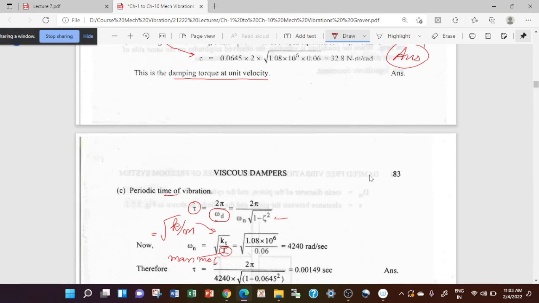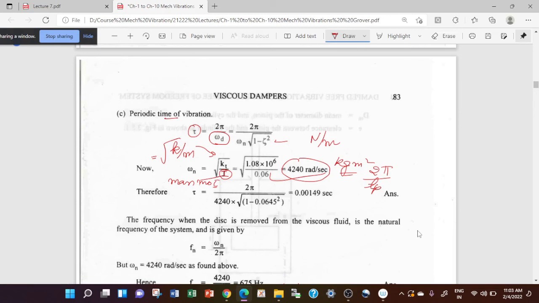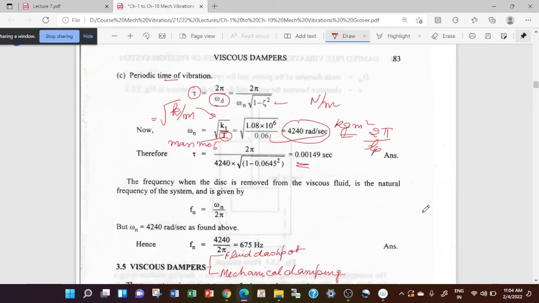Again you write K in terms of Newton meter per radian and I in terms of kg meter square, and you will get omega n. Once you get omega n, it is equal to 2 pi upon the time period. So you are getting the time period here.